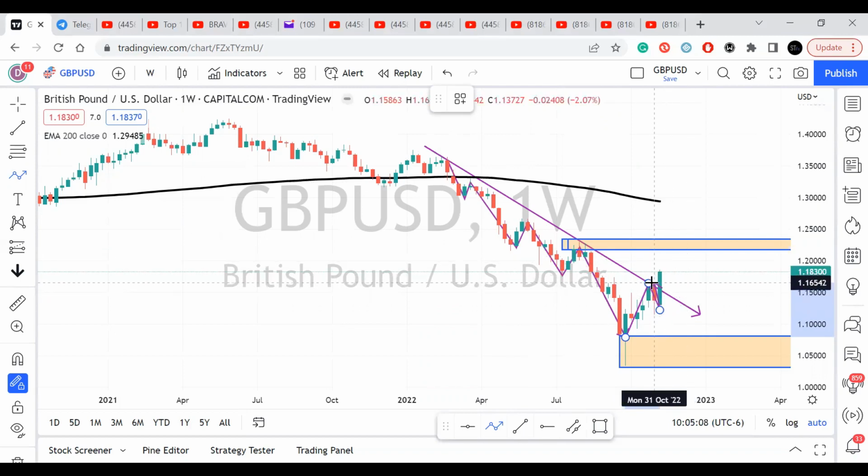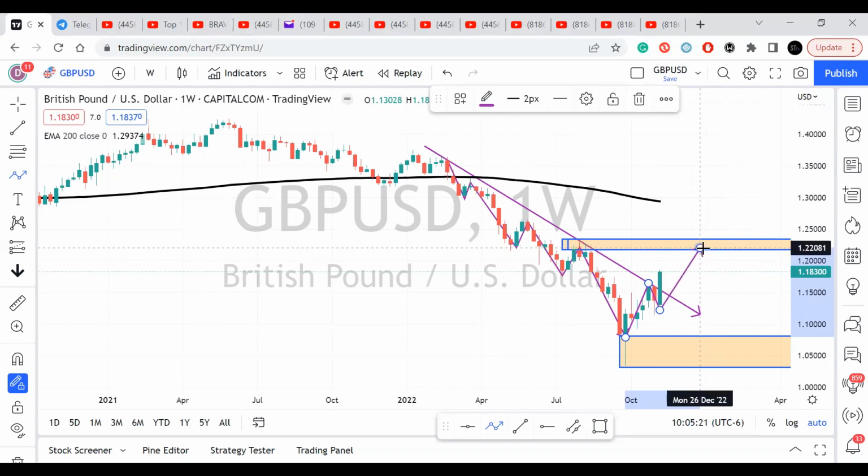And I see price coming back to retest this weekly high first. So price is coming to retest this weekly high. Maybe once price retests the weekly high, we're gonna have a massive drop again to retest this low.